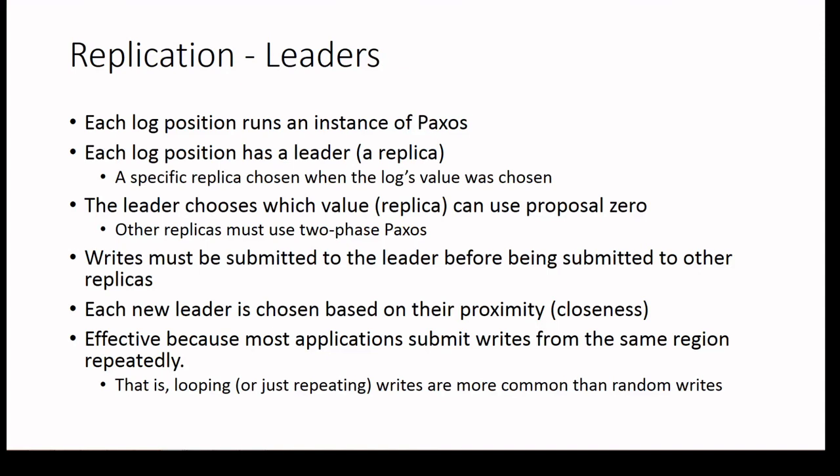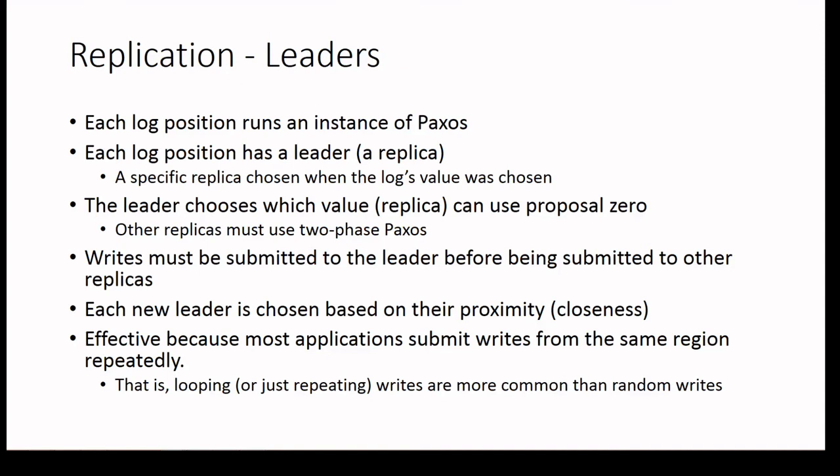So each log position, that is, each entry in a log, has a leader. This leader was chosen when the log's value was chosen. Now, how's a log value chosen? Remember, this is using Paxos. So per Paxos, it uses consensus to pick, in quotation marks, a log value. So when the log's value was chosen, a leader was also chosen.